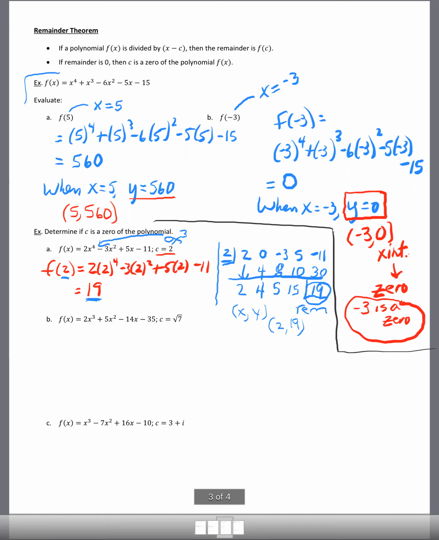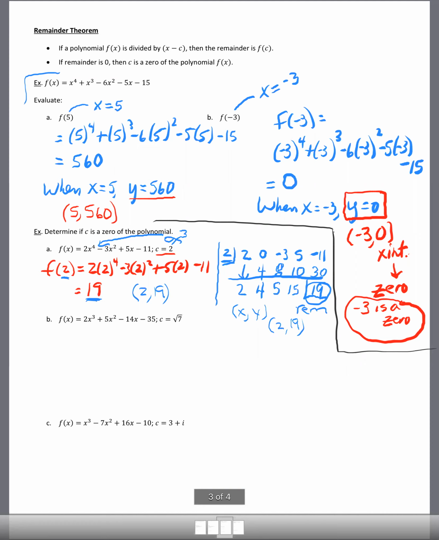When I do the substitution, it also tells me that x is 2 and that the y is 19. This is not a 0. The reason why the number 2 is not a 0 is simply because we have a situation here where we have a remainder that is not 0.